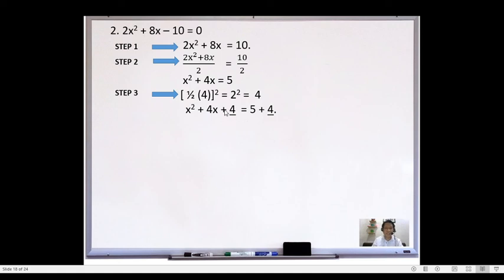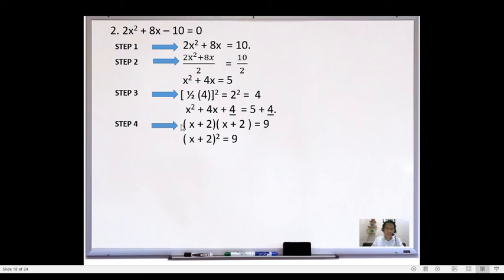Again, x squared plus 4x plus 4 is already a perfect square trinomial. So the factors of x squared plus 4x plus 4 are x plus 2 times x plus 2. And then 5 plus 4 is equal to 9.